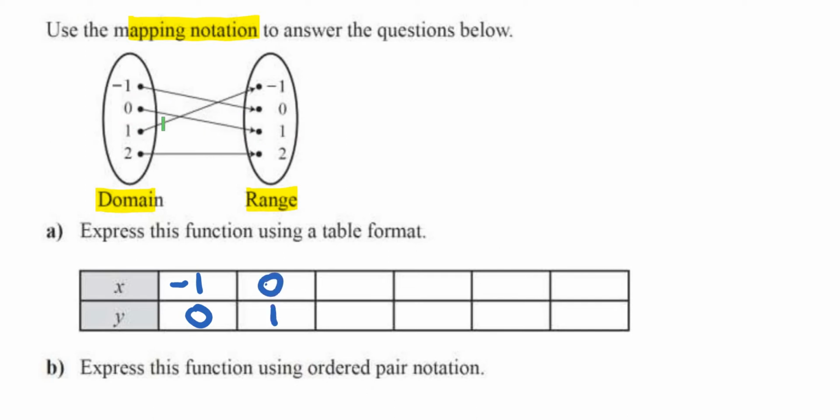And then I have 1 here, and that corresponds to that -1, so that's going to be 1 and -1. And then I have this 2, and that corresponds with that 2. So now I have 2, 2. All right, so there's my table based on my mapping notation there. And remember, your domain is your x values, and your range is your y values.